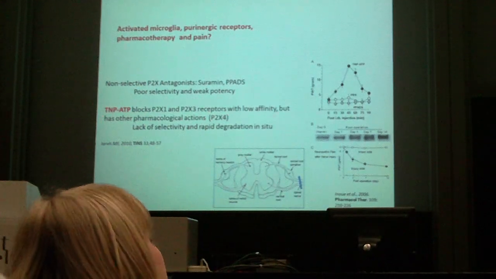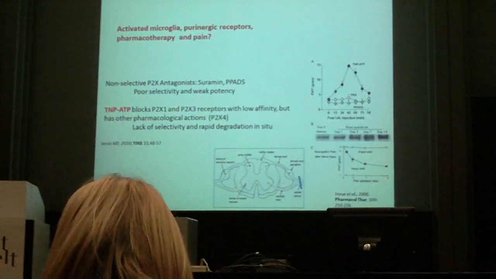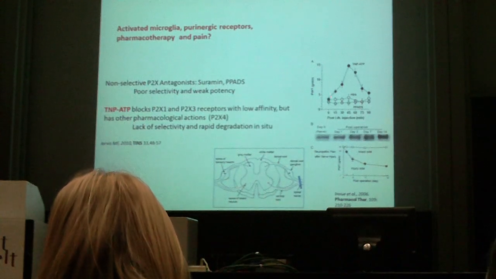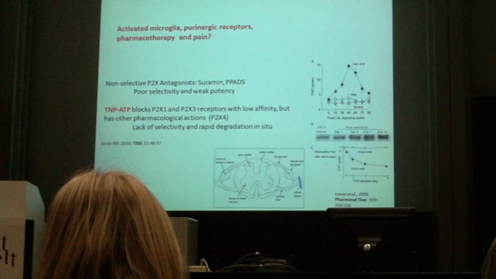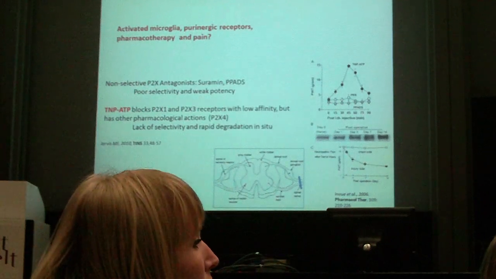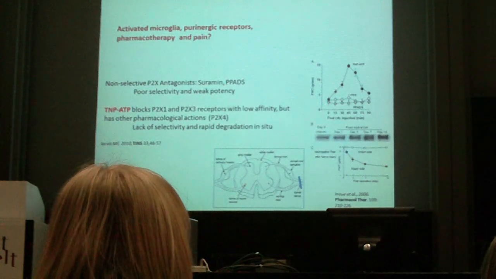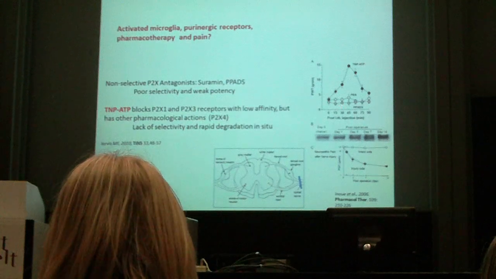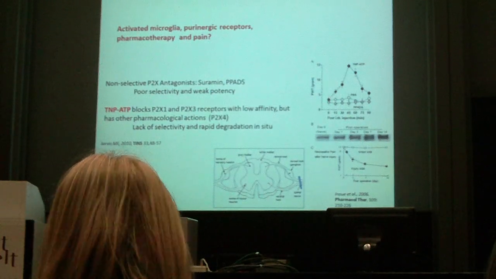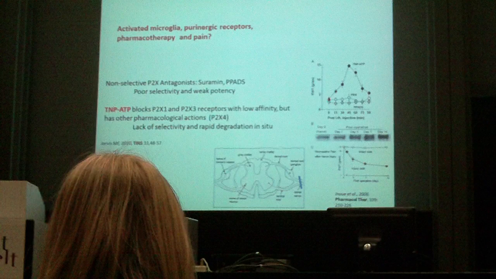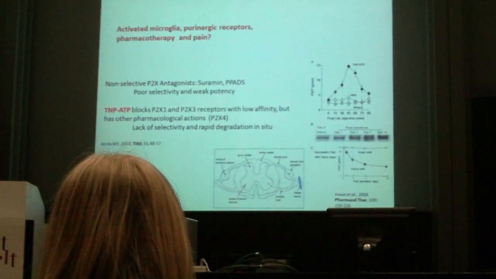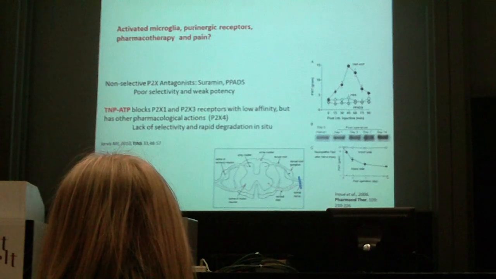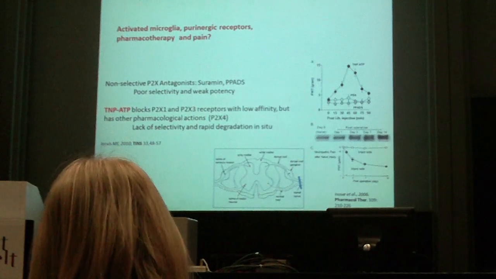But still, if you use this, and here you see again the von Frey score. If you make a lesion, you see these animals become very sensitive. They respond to filaments of less than 5 grams. And if you apply intrathecally the TNP-ATP, so let's say the P2X4 blocker, you see they do have less pain. And then it disappears.